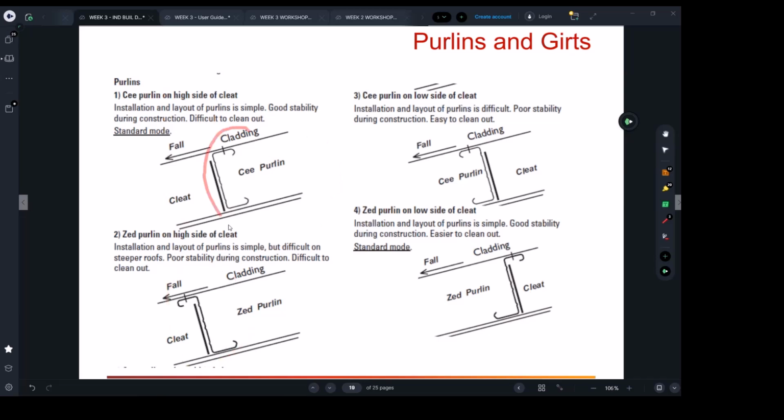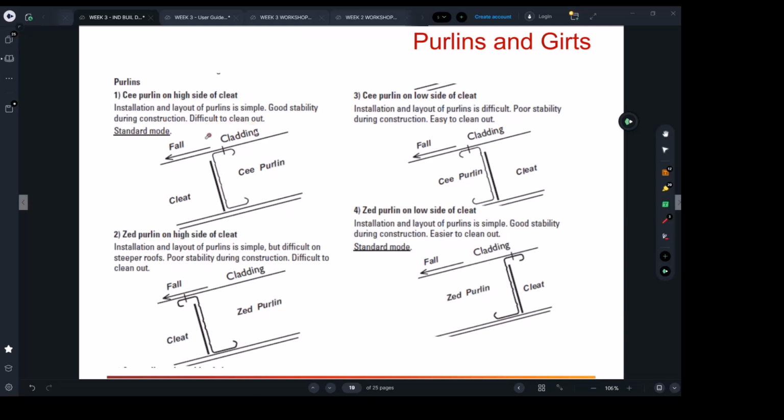Sometimes you can put the C channel above the cleat. It's difficult to clean, but it has good stability during construction, obviously, because it's just sitting on something while you are placing the channel.